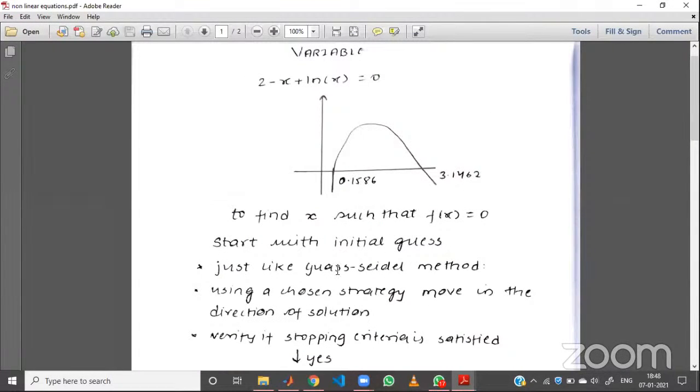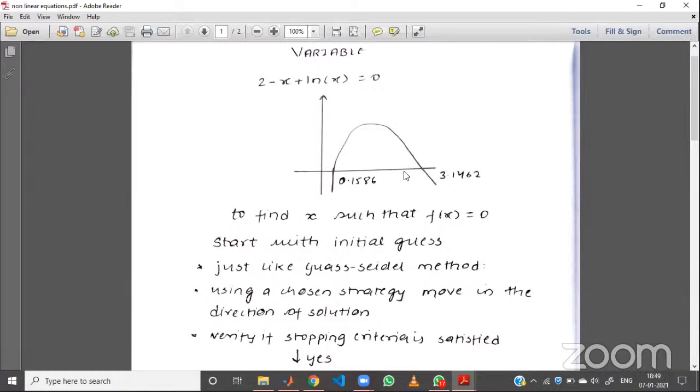The closer we take the initial value, the solution is given accordingly. We have taken 0.2 here, so it gives the solution which is closest to this, that is 0.1586.